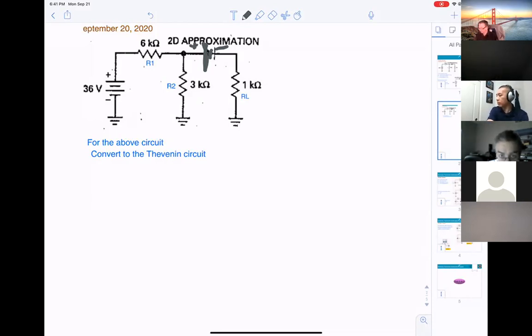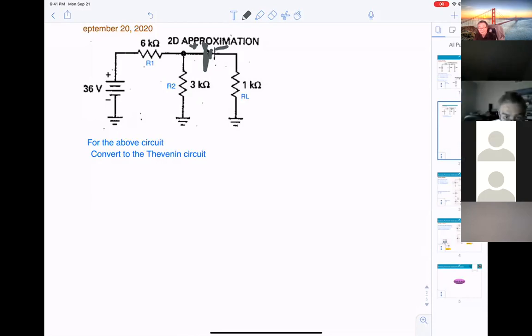However, some people are asking me how come we using voltage divider to get the voltage here. That means some people try to take 36 times 3 divide 3 plus 6 to get a voltage right here. But we cannot.